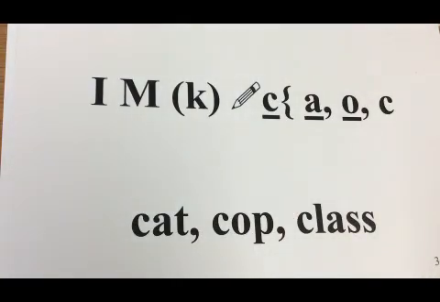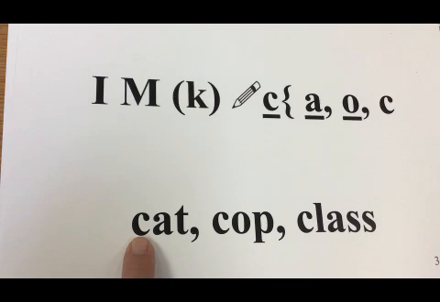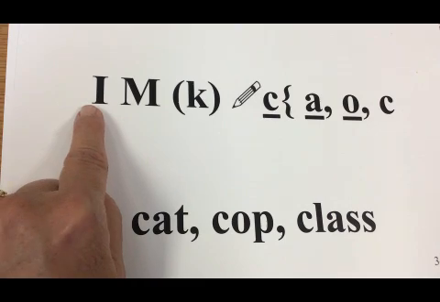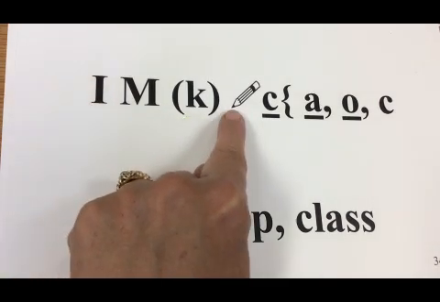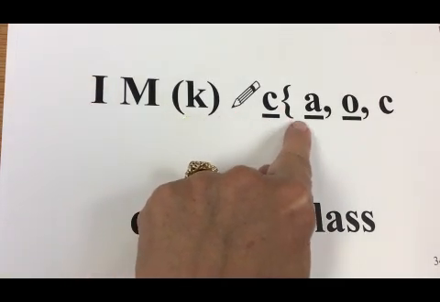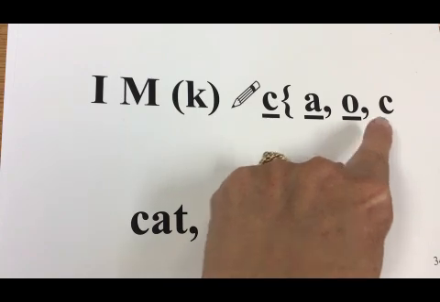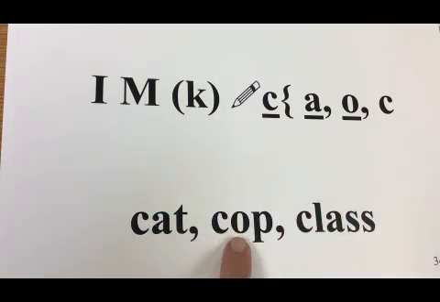What is the sound of C in English? Right, it also makes a K sound. We have learned that initial and medial K is spelled C before A, O, or a consonant, as in cat, cop, class.